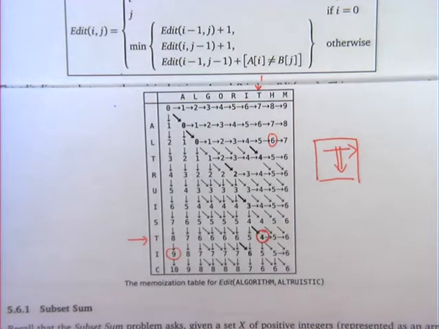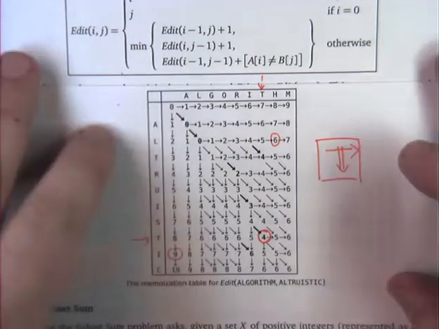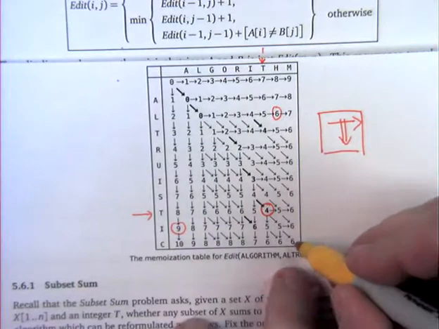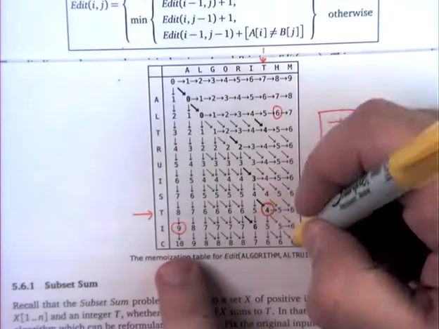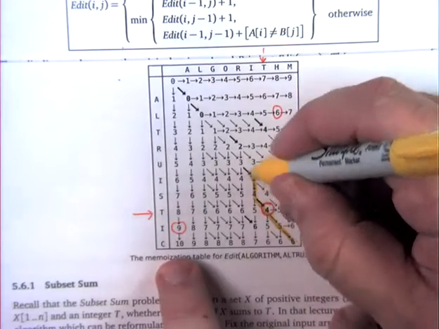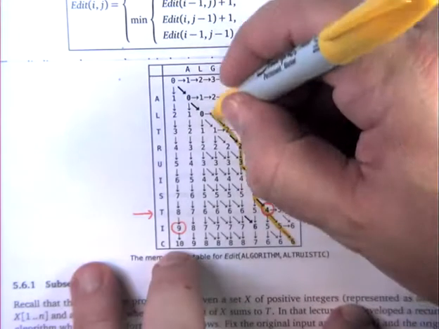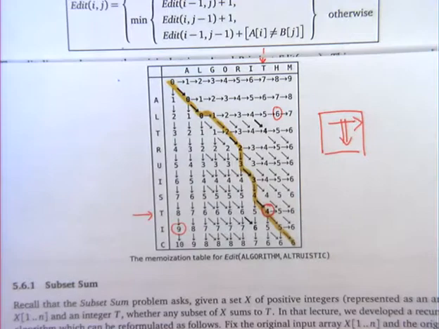And so now if I want to figure out what the actual optimal sequence of editing operations is, all I have to do is start down here at the bottom with the number 6. That's the actual edit distance I care about. And walk backwards along arrows until I get back to the beginning. Right?